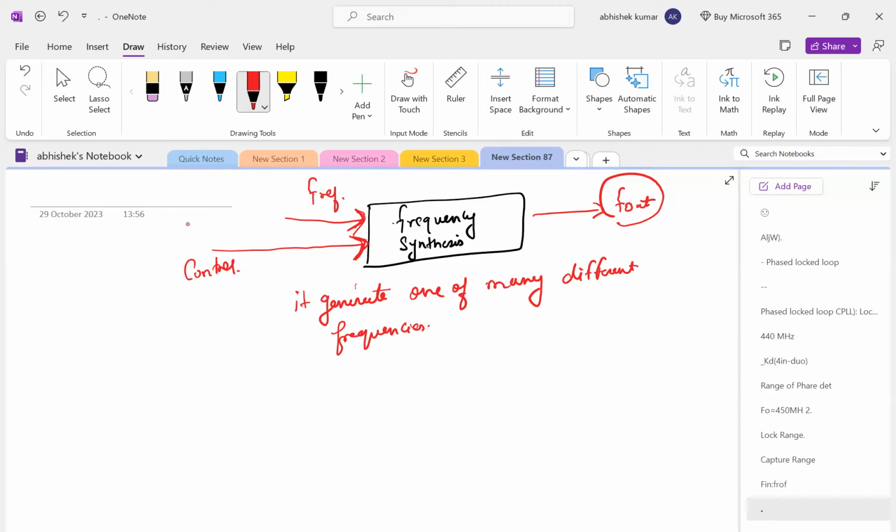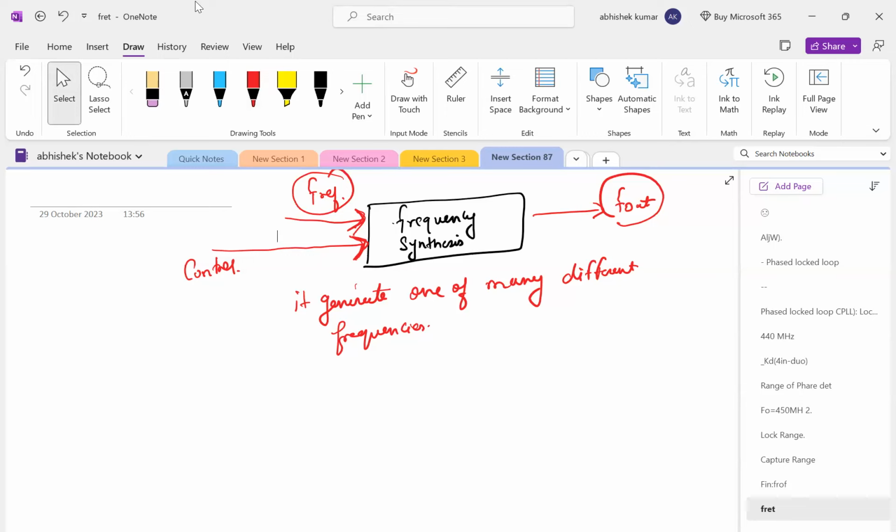What is the good thing about this? We have only one reference frequency, but with different control values, the output frequency changes. We will have different output frequencies.